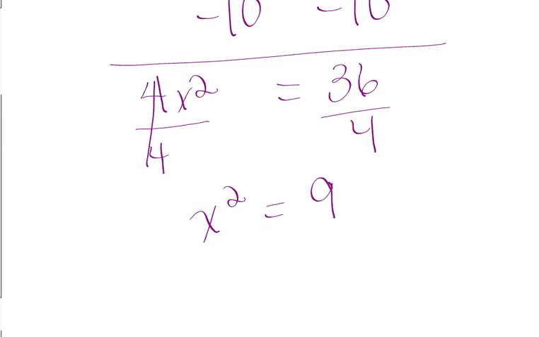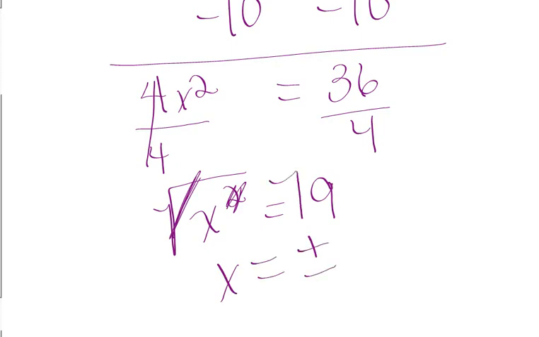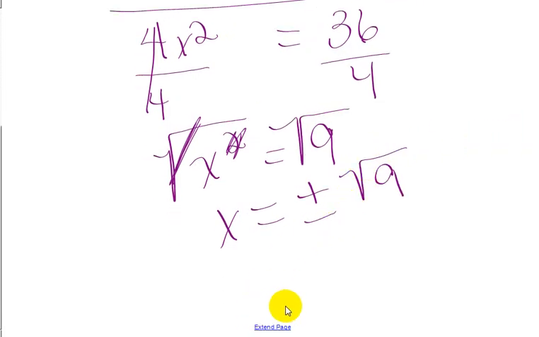Now remember from a previous chapter and from pre-algebra and algebra, we've done this 1,000 times. How do you clear that square? Anybody? James? Take the square root. So when I take the square root of x squared, these cancel out, right? And it gives me x equals the positive or negative of the square root of 9, because what you do to one side, you must do to the other.